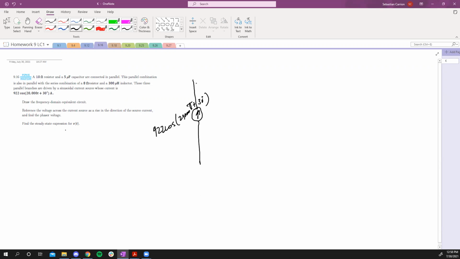And we have a resistor and a capacitor in parallel, so I'm going to draw the resistor first, then the capacitor.